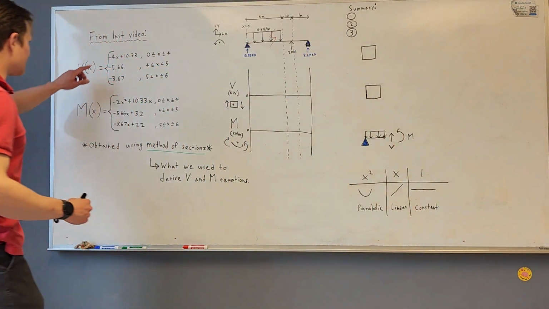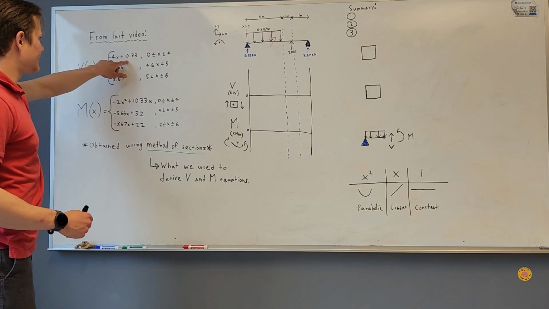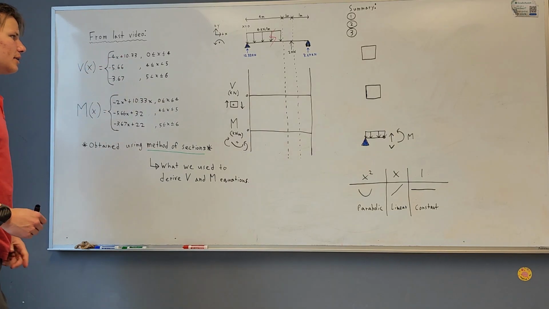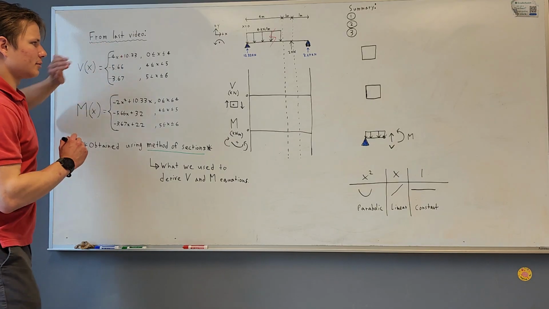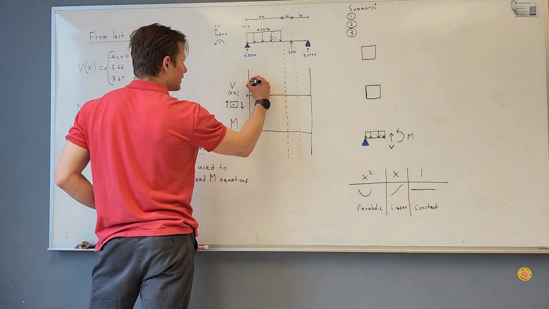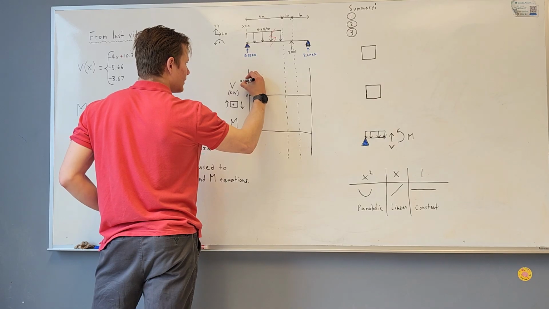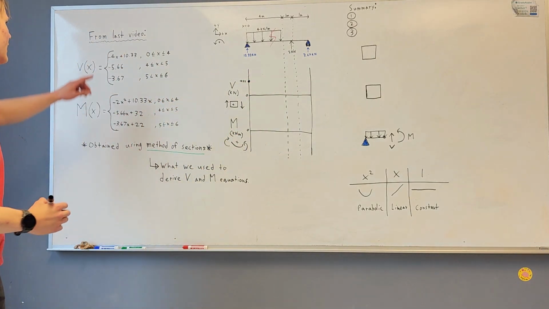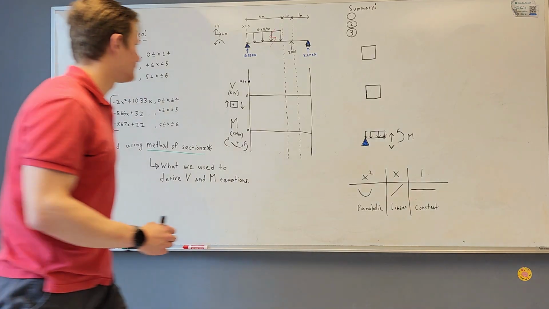So at the start, we have negative 4x plus 10.33. So what this means is that at x equals 0, we have nothing here. So we'll start at 10.33. And we'll label this as 10.33. And then we go down at a slope of negative 4.